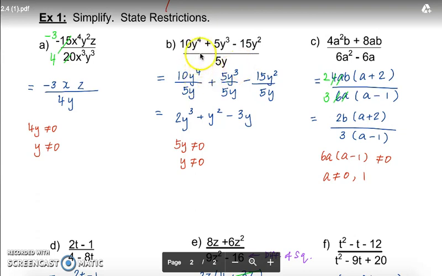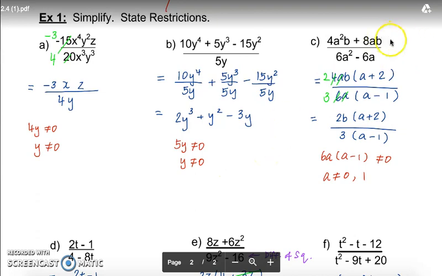So when I look at 10y to the power of 4 divided by 5y, I get 2y cubed. 5y cubed divided by 5y, I get y squared. Negative 15y squared divided by 5y, negative 3y. The original denominator says 5 times y. So that cannot be 0. And this results in y not equal to 0 as the restriction.